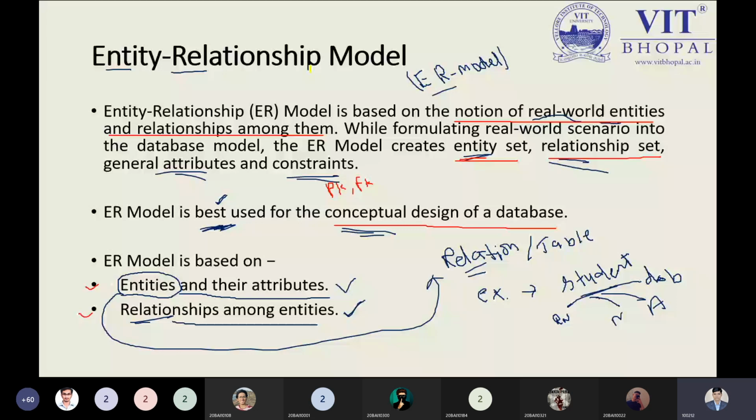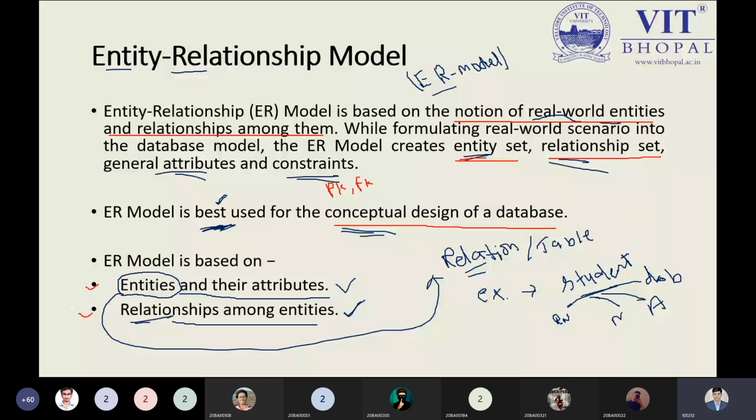In these three models, do you have any doubt? Yes, tell me right now. Any problem? No, sir. Okay.